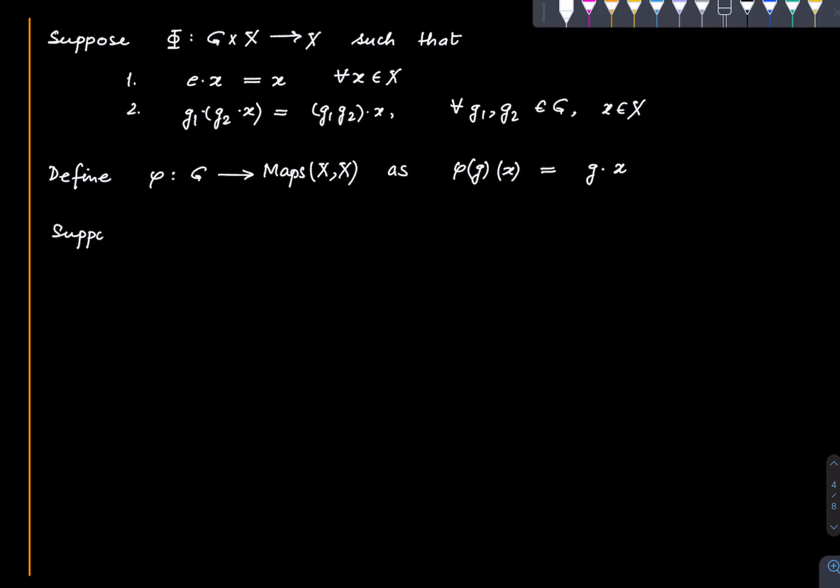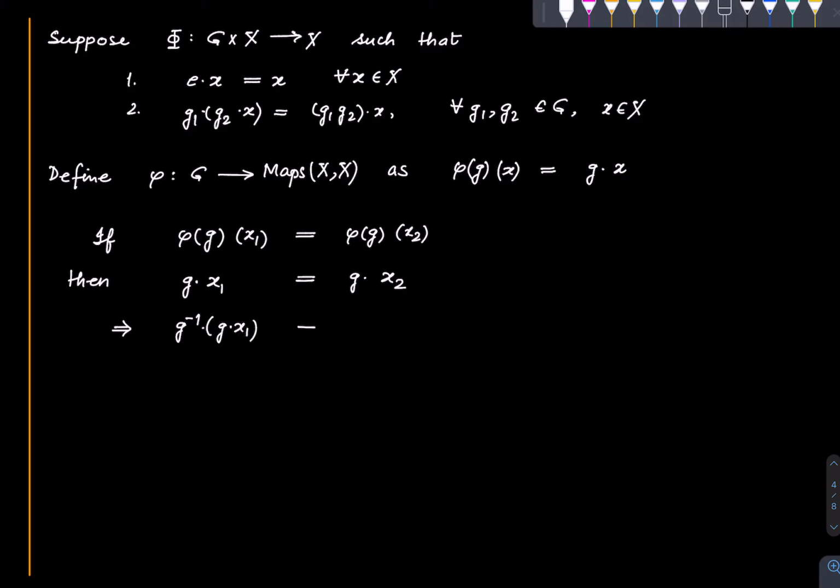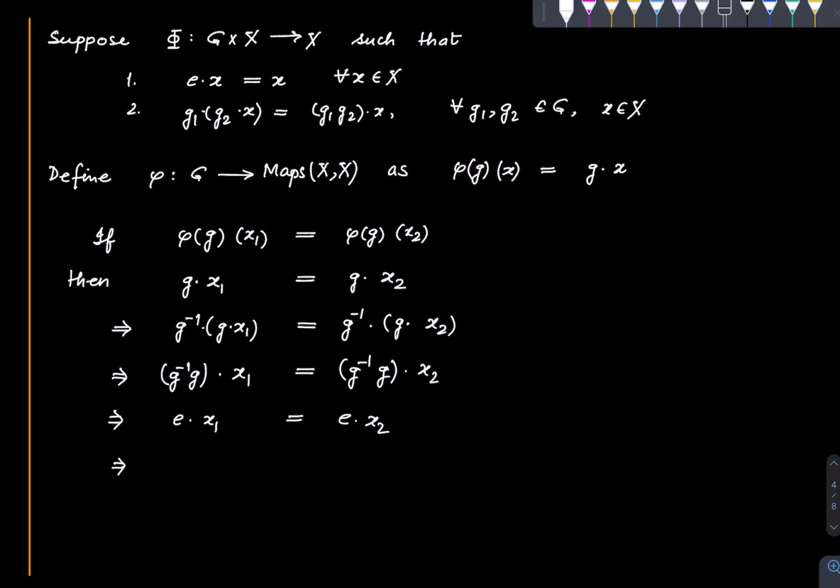Suppose phi g of x1 equals phi g of x2. Then it just means that g dot x1 equals g dot x2, which implies g inverse dot g dot x1 equals g inverse dot g dot x2, which implies by the second property, g inverse g dot x1 equals g inverse g dot x2, which implies e dot x1 equals e dot x2, which by the first property implies x1 equals x2.